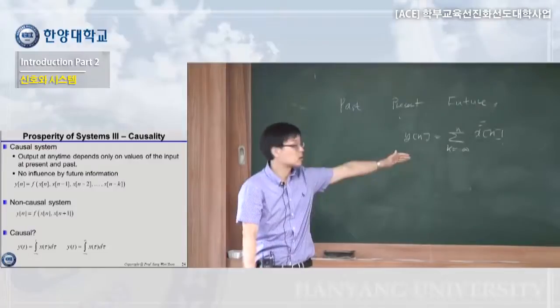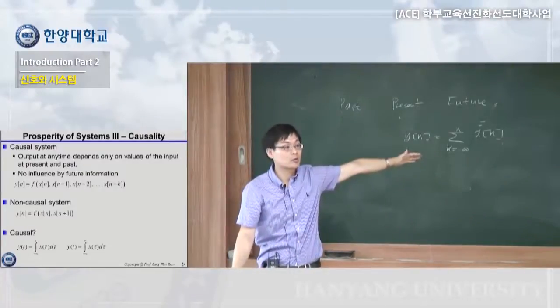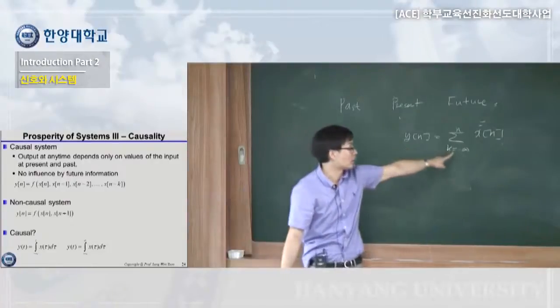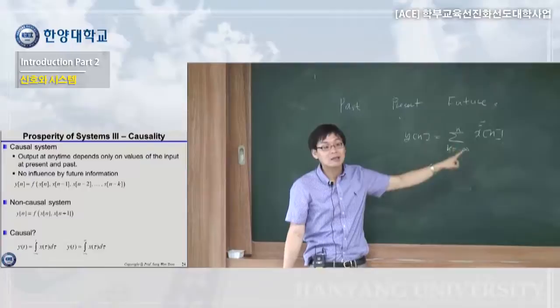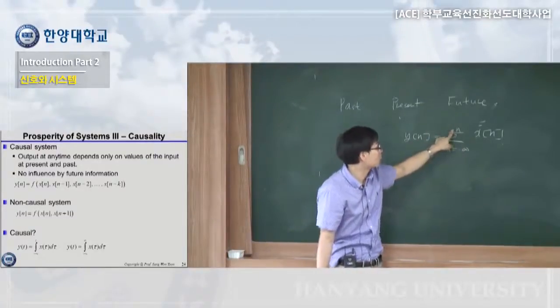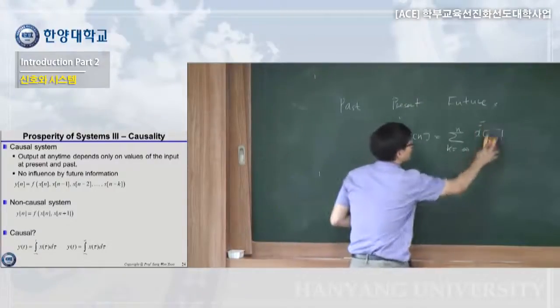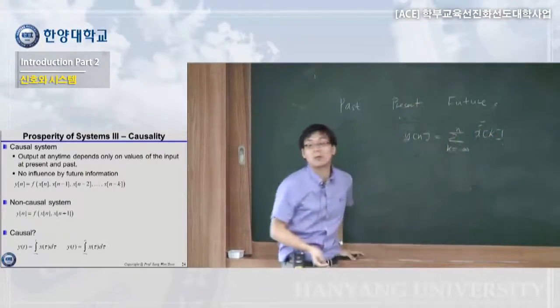We just learned that this one needs a memory because it depends on the past. This one does not depend on the future because we are only adding up to time n.